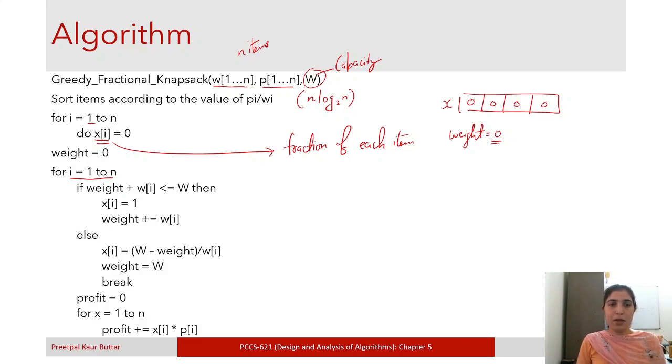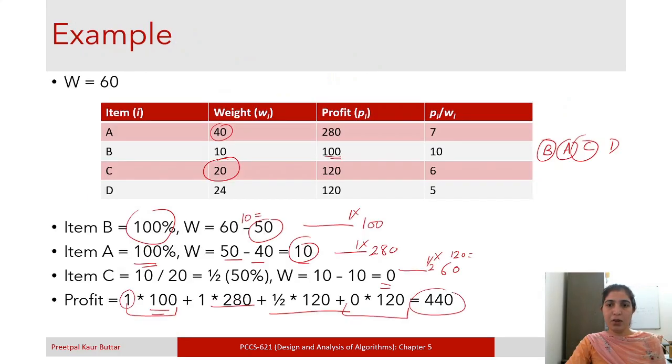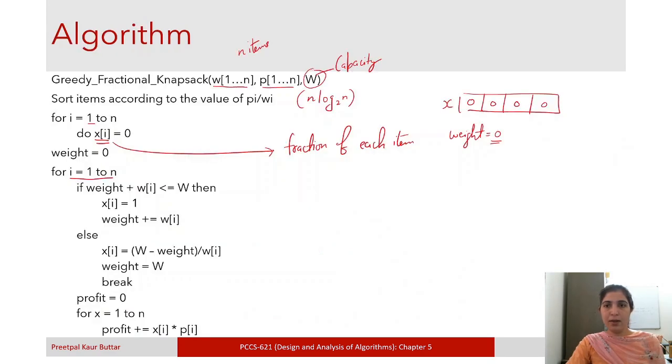First we will pick the ith item; initially i is 1, so the item at the first location will be picked. Let me use another simple example, because there are 4 items in that example and I want to consider only 3 items. Let us take the same example which we took earlier.